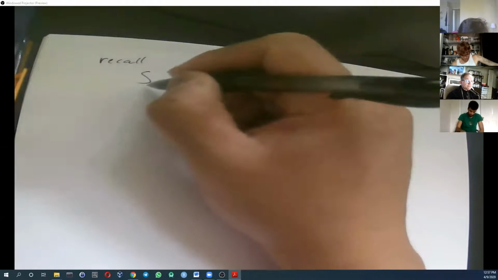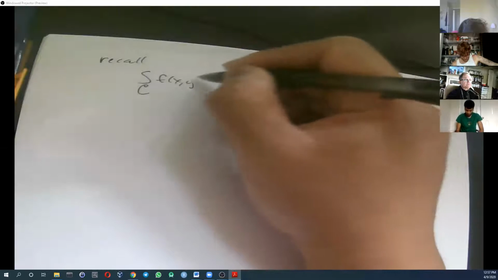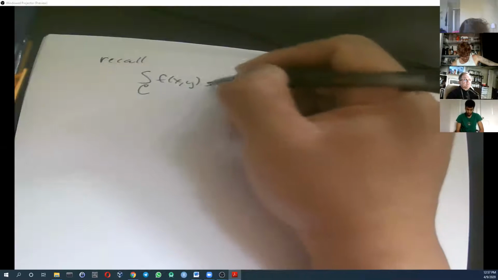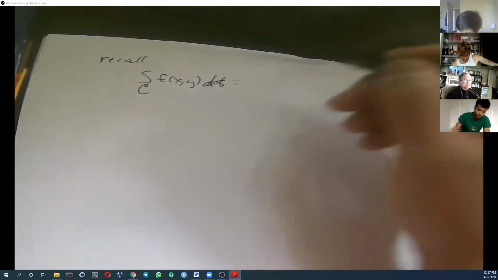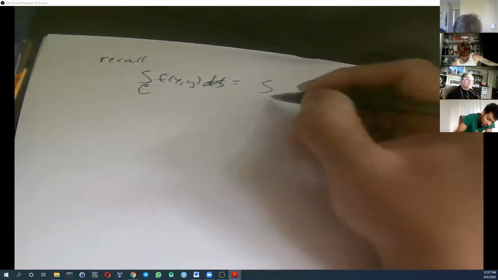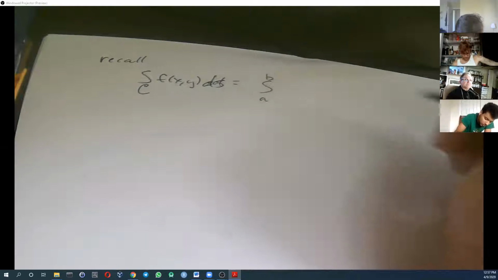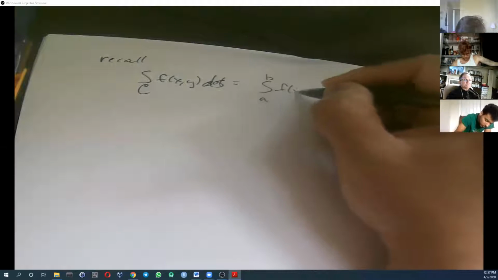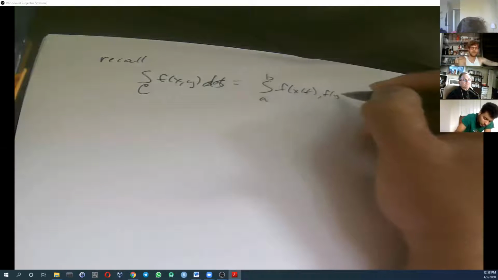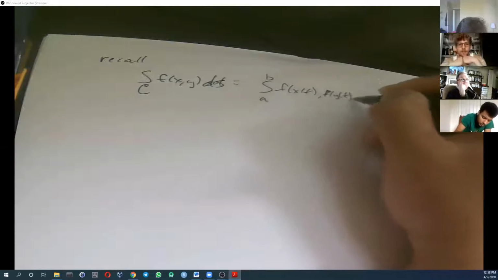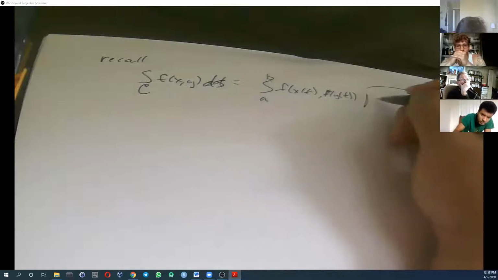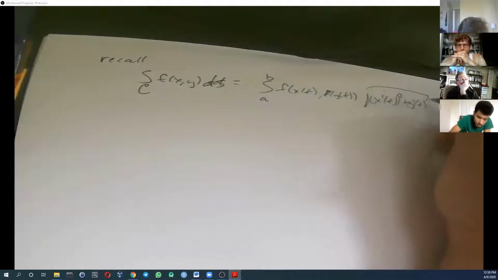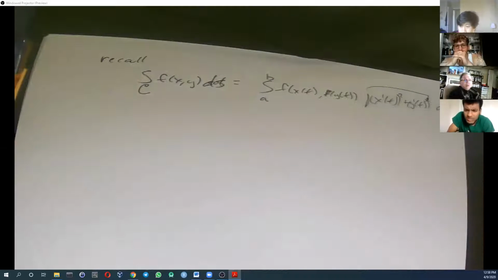So recall, the integral over c of f of x, y, ds is equal to the integral from a to b of f of x of t, y of t, times the square root of x prime of t squared plus y prime of t squared, dt. Exact same equation that we just used.